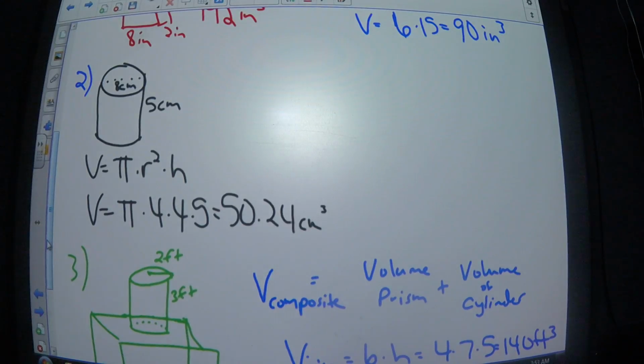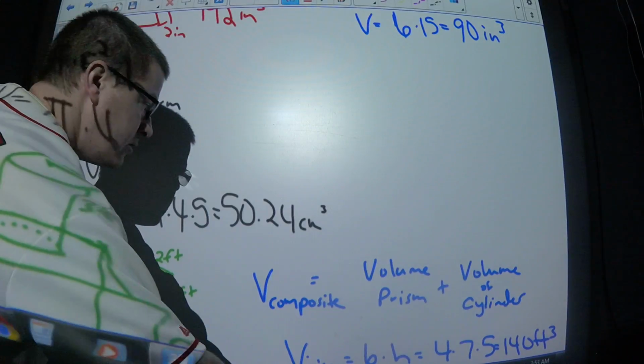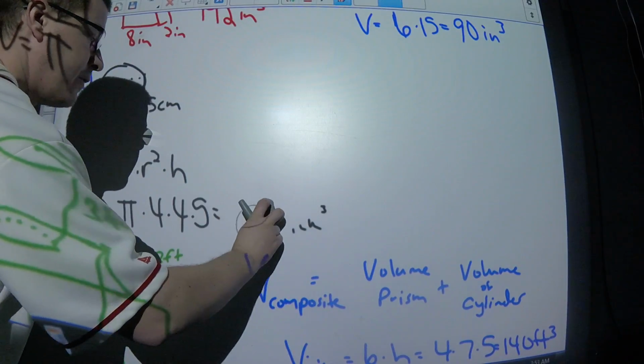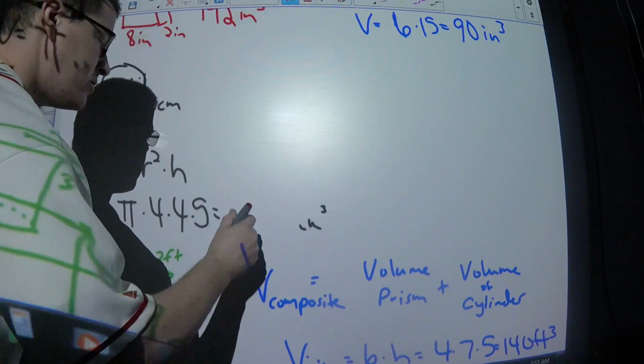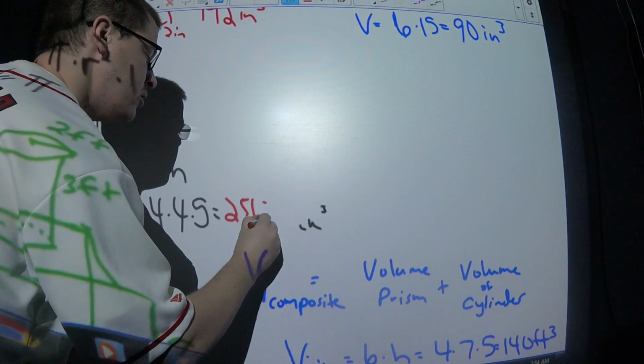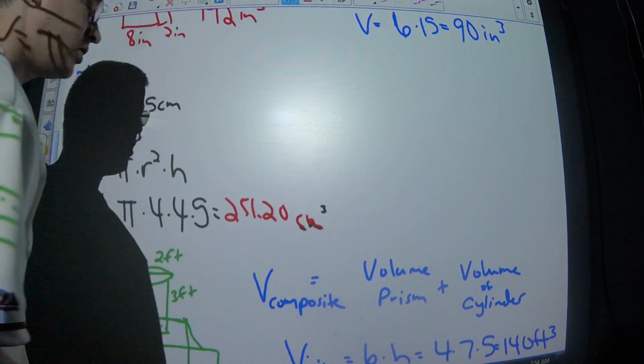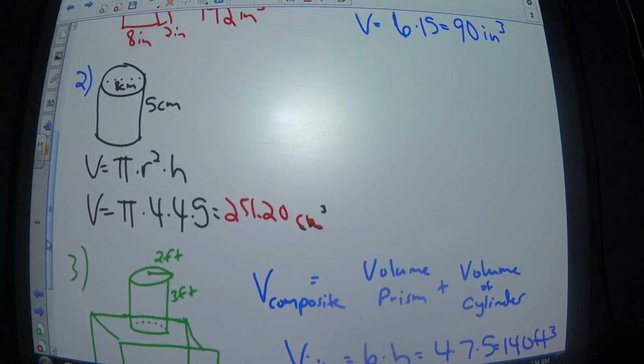I apologize. 4 times 4 times 5 times 3.14 is going to give you 251.20. I think I forgot my 2 in there. So 251.20 centimeters cubed is going to be the volume of that cylinder.